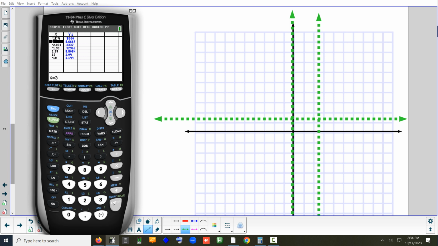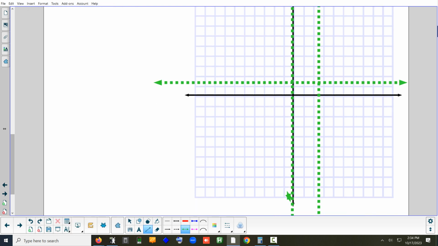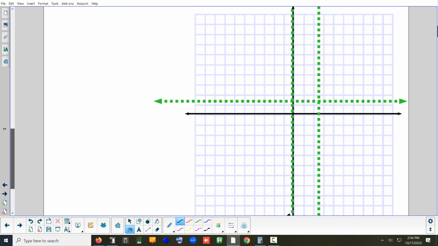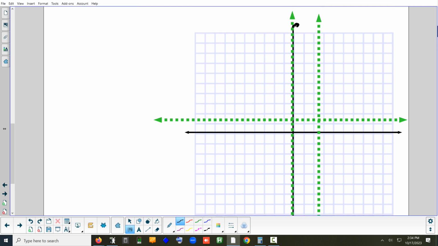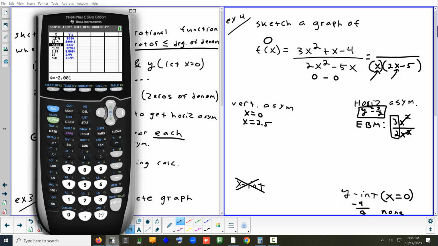If you go just to the left, you're down at negative 8,000. So you're way down here. And if you go just to the right of it, 0.001, you're up at positive 8,000. So now you're way up there. That's as good as I can do for positive 8,000. Just way up high.